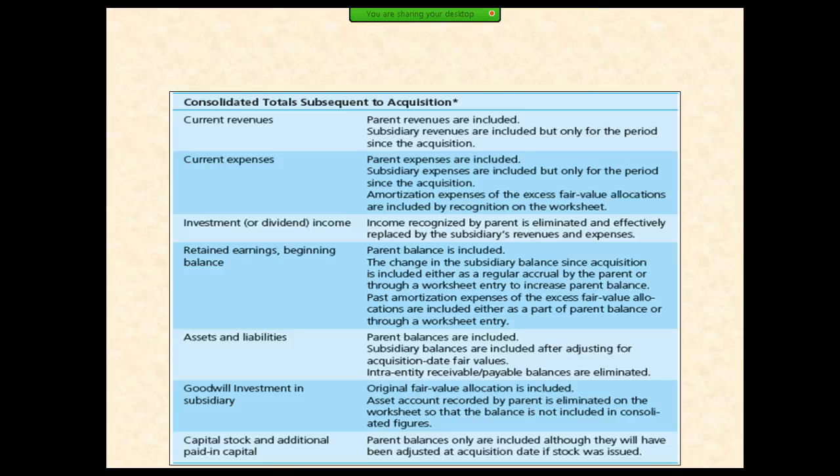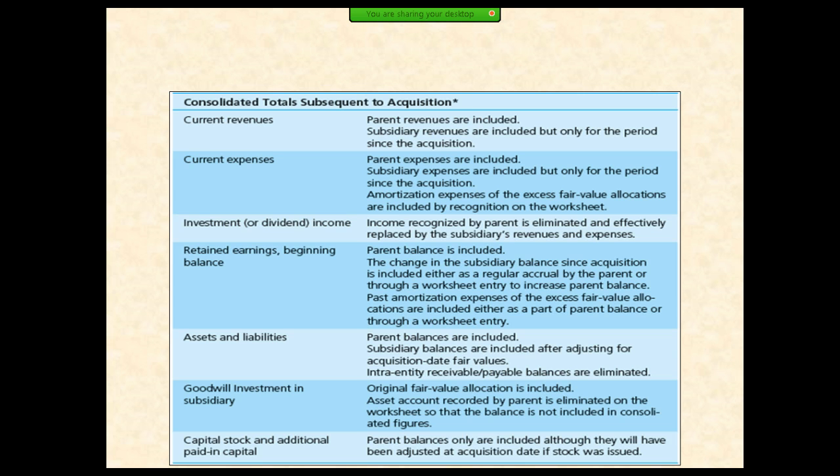So, as we're dealing with after the acquisition, when we're dealing with the current revenues, we are going to, of course, include all parent revenues, and we will include subsidiary revenues after the acquisition.